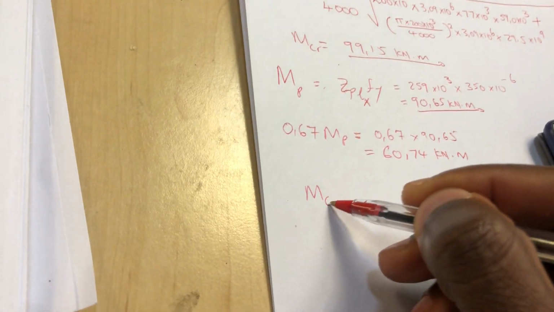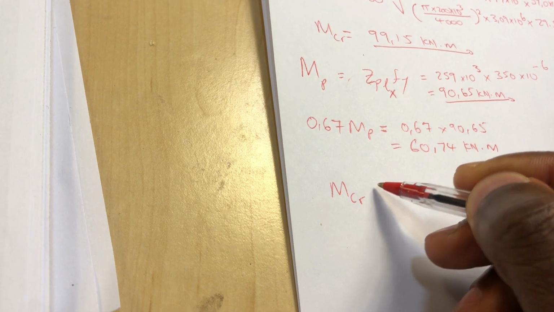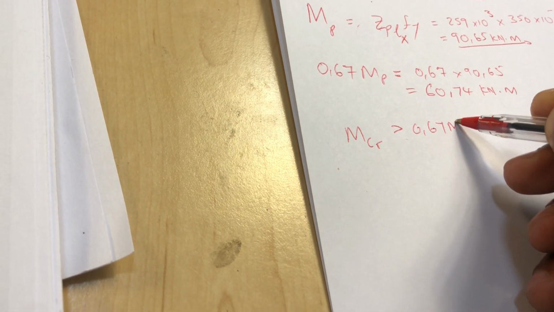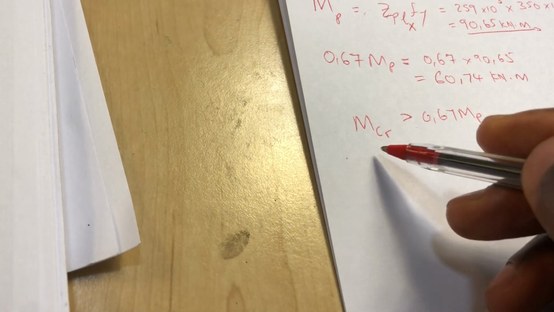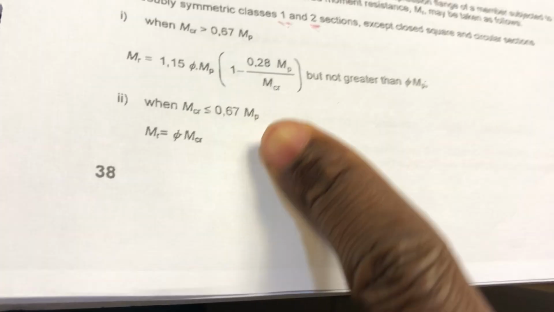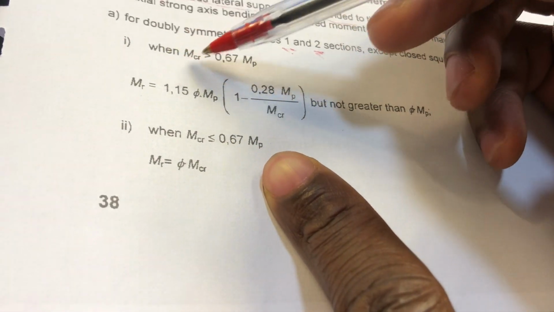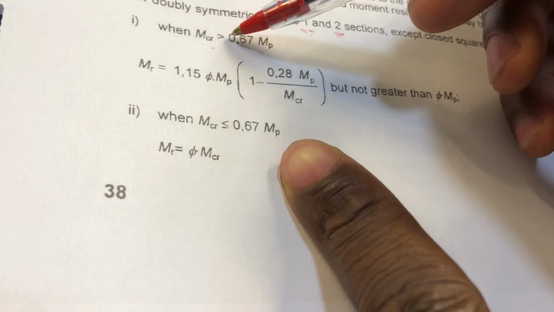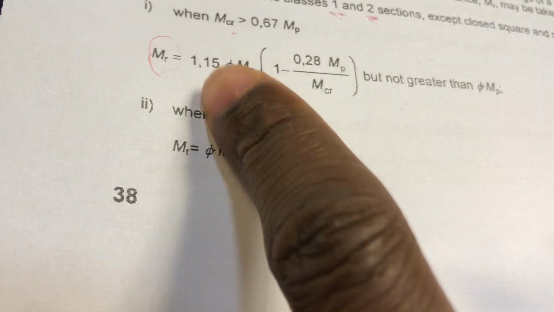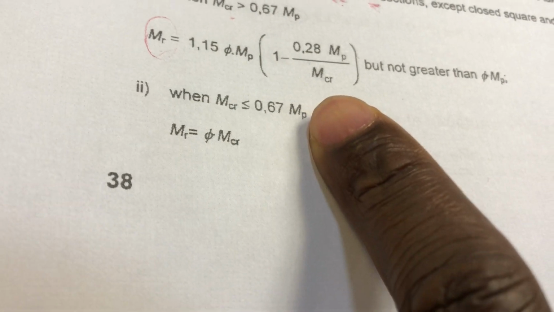So now you check. MCR in this case is greater than 0.67 MP. Okay, so that's our conclusion there. So now we come to the code book. We check. It's going to be MCR, which is greater than 0.67 MP. So now we're going to have to use this equation to calculate our moment resistance.